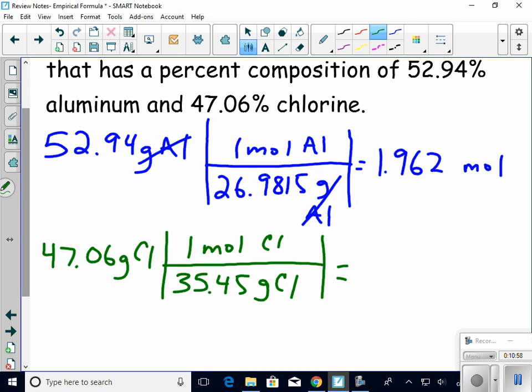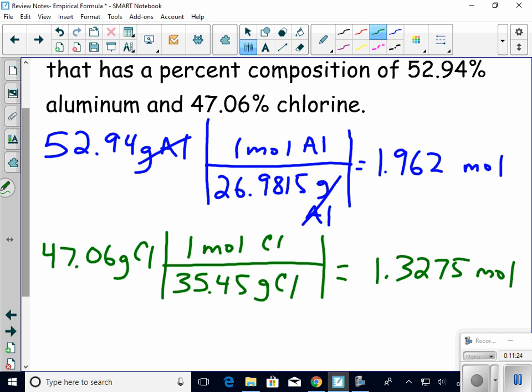Yep. So 47.06, and from that I'm going to divide 35.45, and I get a value of 1.3275 moles.